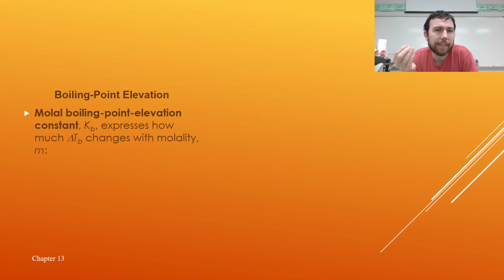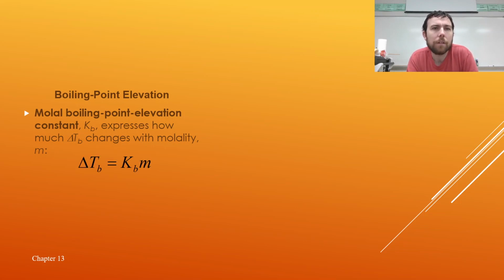Molal is just getting at that idea of molality. Kb expresses how much the change in boiling point, delta Tb, changes with the molality of the solution, right? And remember, molality focuses on the moles of your solute divided by kilograms of solvent, right? So big difference there, not dealing with concentration like molarity.